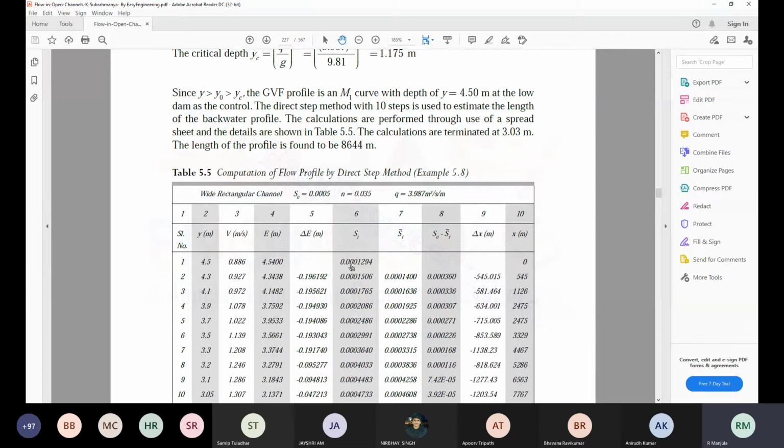Sf again is n square Q square divided by A square R raised to 4 by 3, and then Sf bar is the average of subsequent slopes, and S0 minus Sf bar you are going to compute, and your delta x is again the substitution of E2 minus E1 divided by S0 minus Sf bar. Okay.